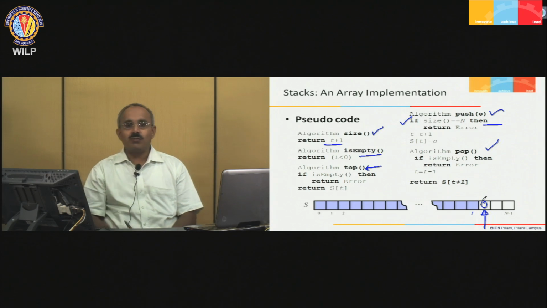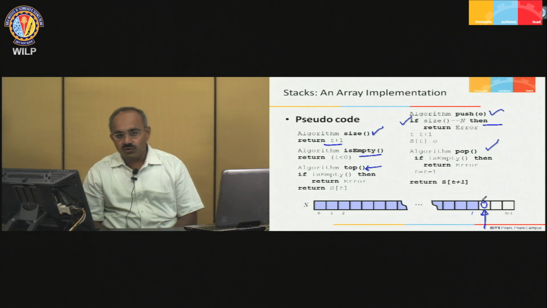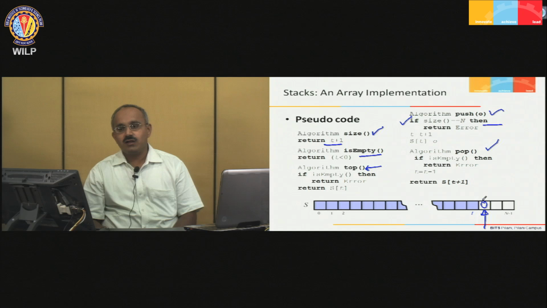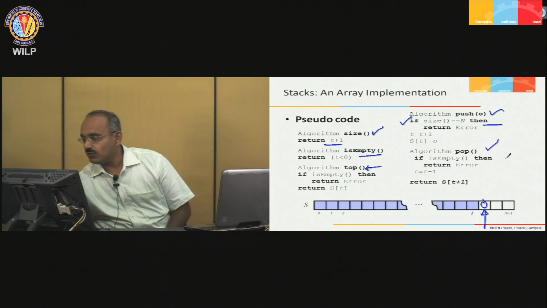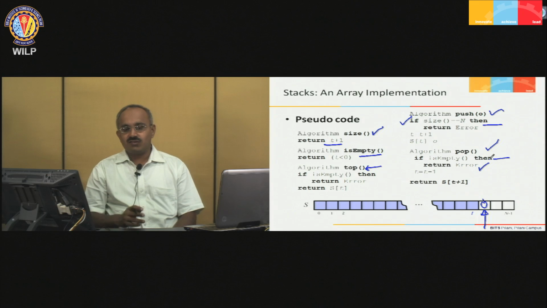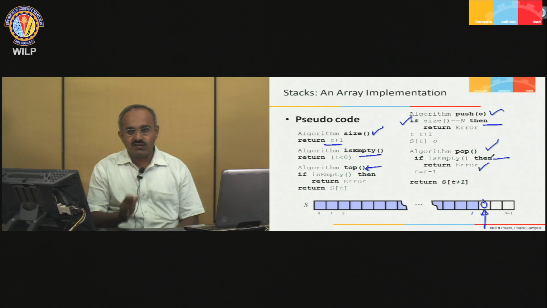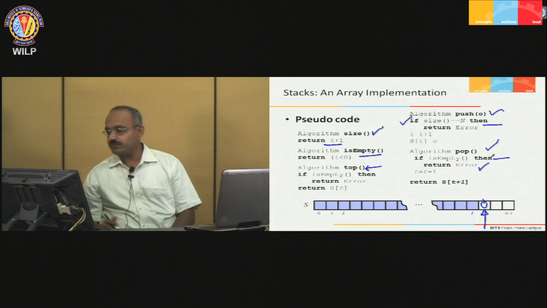Now, let us look at the operation pop. As we already said, if the stack is empty, you cannot delete an element. That should return an error message. So, you are looking at: is the stack empty? If it is empty, then it returns an error. Else, we know the stack is not empty, that means there is at least one element on the stack, so you can perform a delete operation.